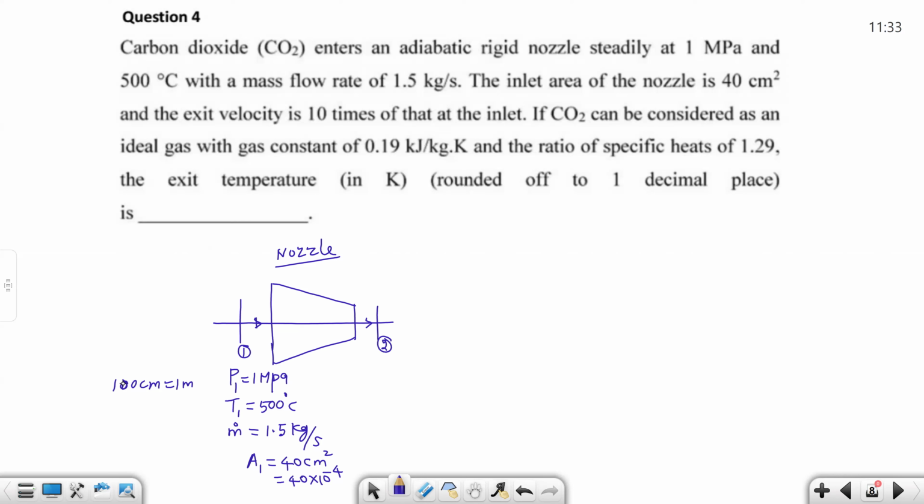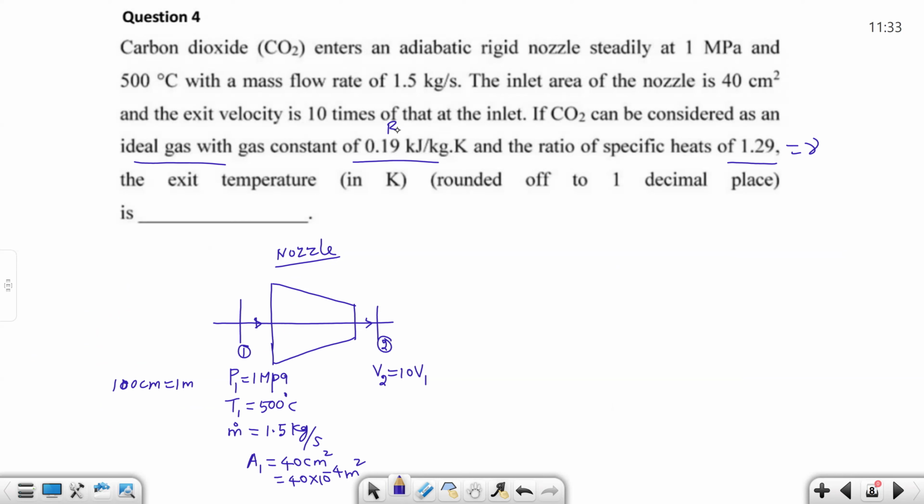The exit velocity V2 is 10 times V1. If CO2 is considered as an ideal gas, with the gas constant R and ratio of specific heat gamma given, what is the exit temperature?